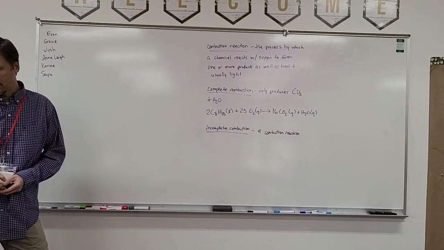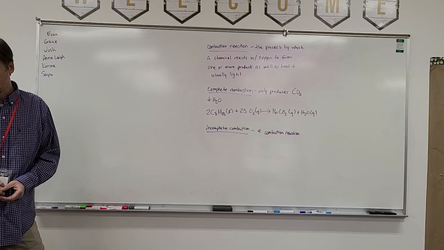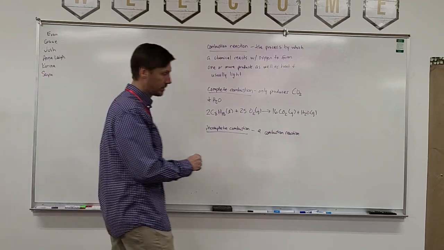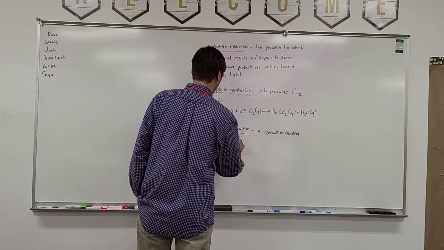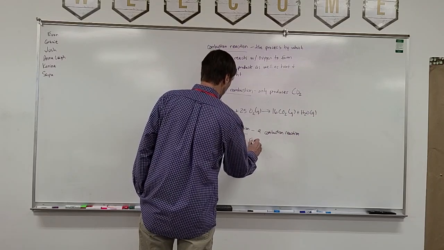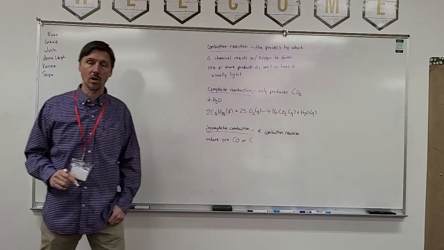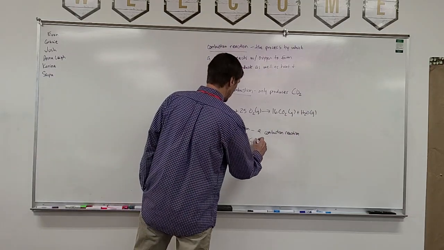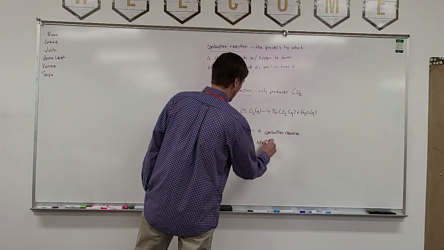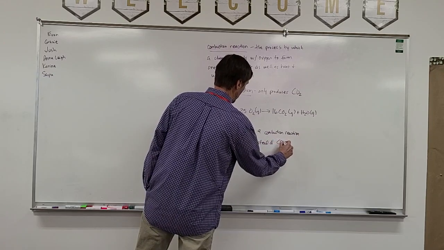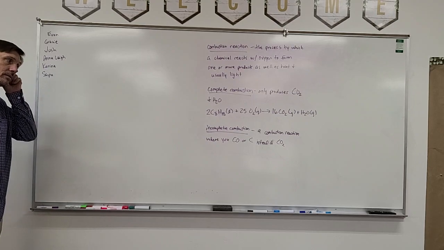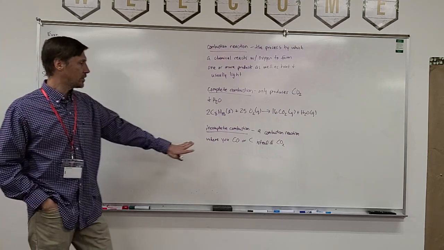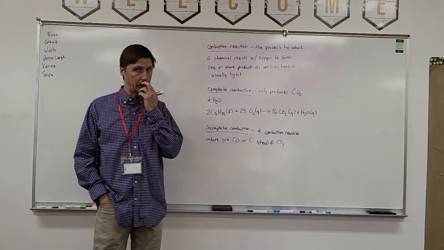Incomplete combustion is a combustion reaction where you get CO or just plain old elemental carbon, instead of CO2. Now, if you look at that, what's different about CO and C?